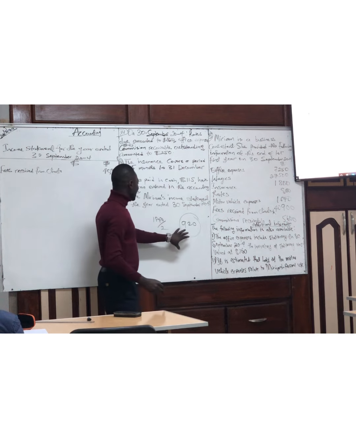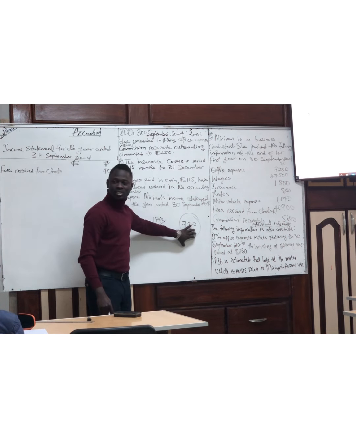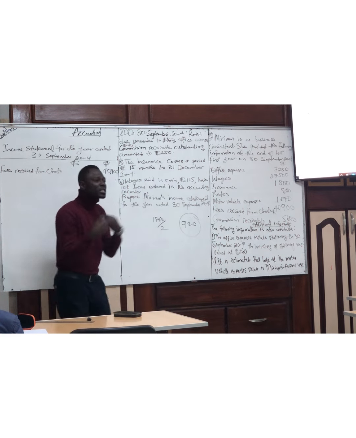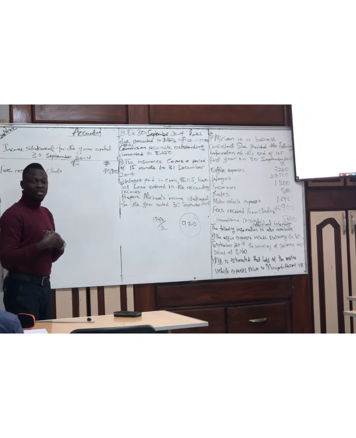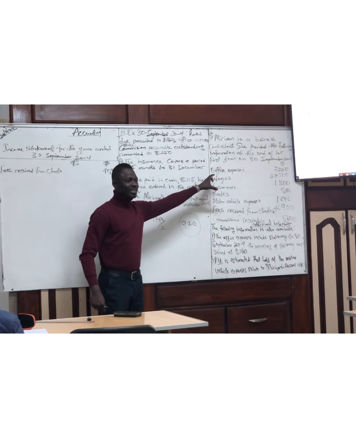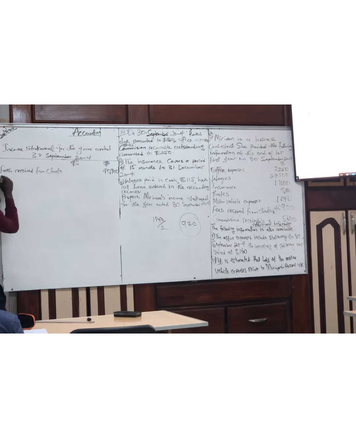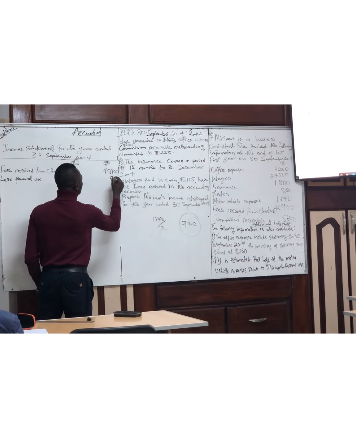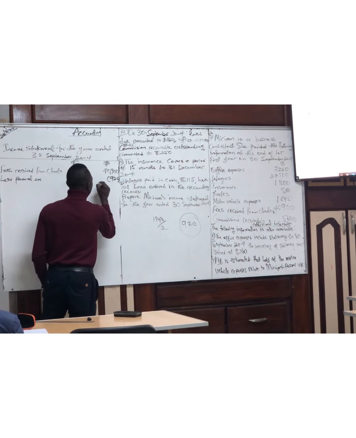So this is part of what she has received, but it is an expense, and this expense is personal. So it has to be taken away from the revenue she made. Are you getting it? So, less personal use. How much is it? 920. Take it away, please. What does it give you?